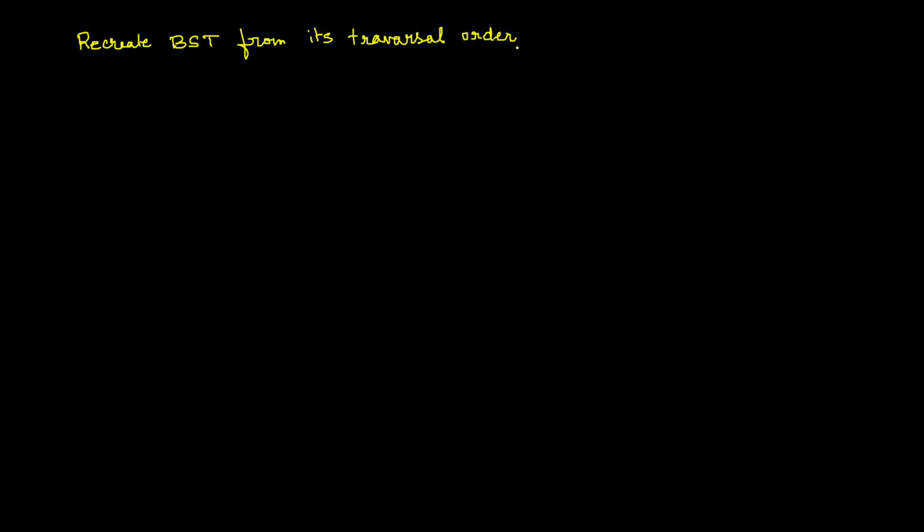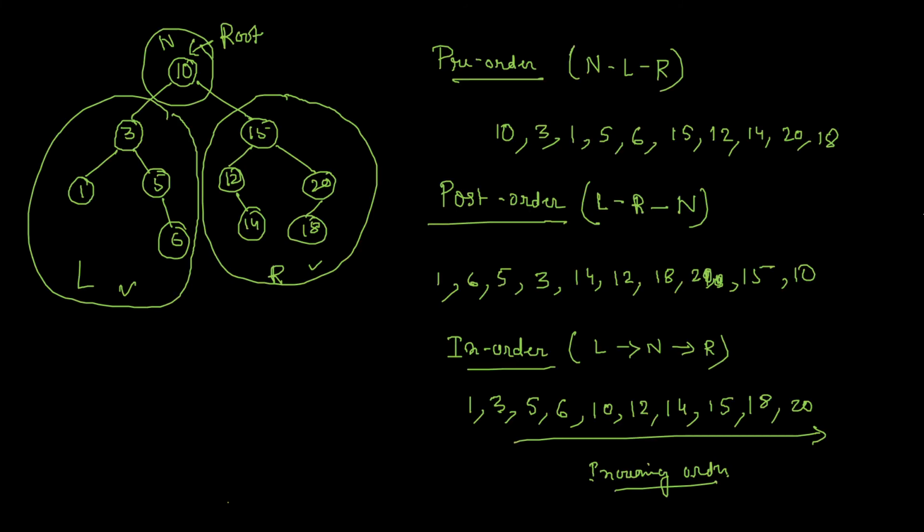So before we proceed, one thing you have to understand is which particular orders are required to do this. We have seen three different traversal orders, such as pre-order, post-order and in-order.